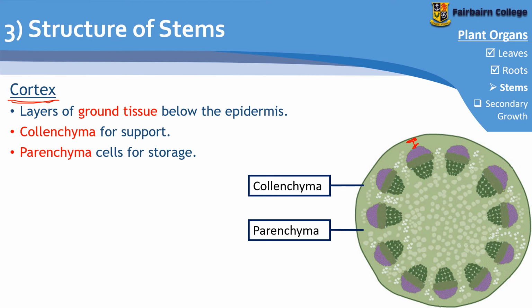It is mainly made from ground tissue, and the two types of ground tissue found in the cortex are collenchyma for support, usually found right below the epidermis, and then a few layers of parenchyma tissue found between the collenchyma and the vascular bundles. The main function of the parenchyma is storage.